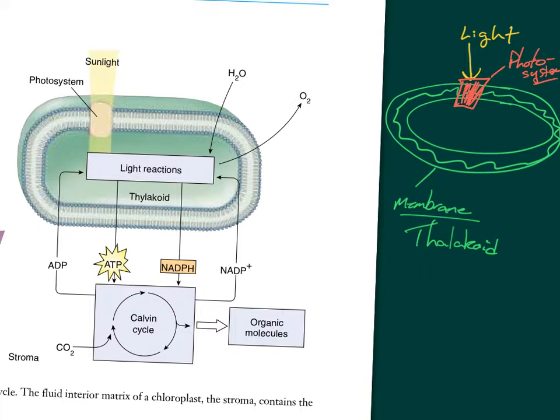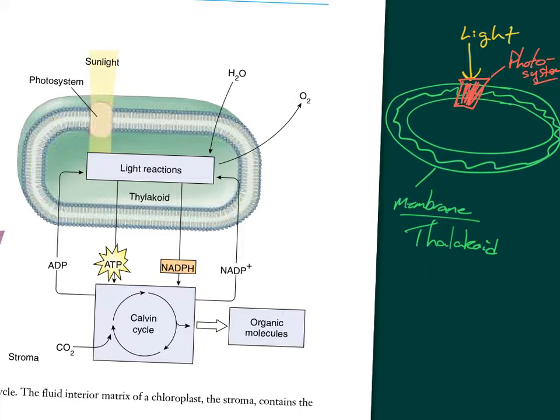So where are the light reactions? We're going to break it up into two different chemical reactions. When we talk about the photosynthesis reaction, where we take CO2 and water and light and make sugar and oxygen, it's actually many, many different steps. And you have to know these steps. You do.